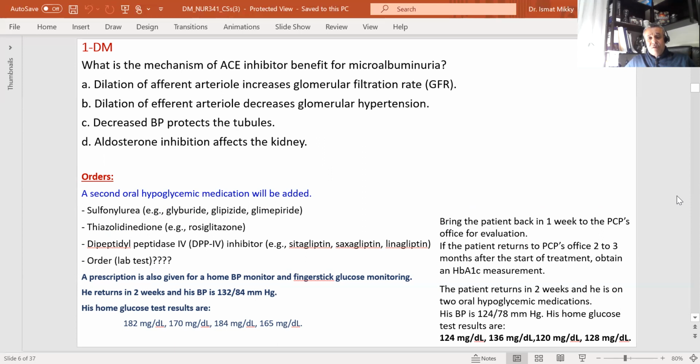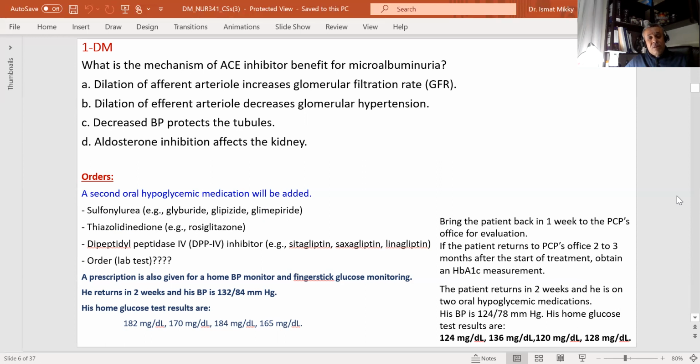Dilatation of afferent arteriole decreases glomerular hypertension. So angiotensin II is a vasoconstrictor for the afferent arterioles; the ACE inhibitors will inhibit angiotensin II and dilate the afferent arterioles.